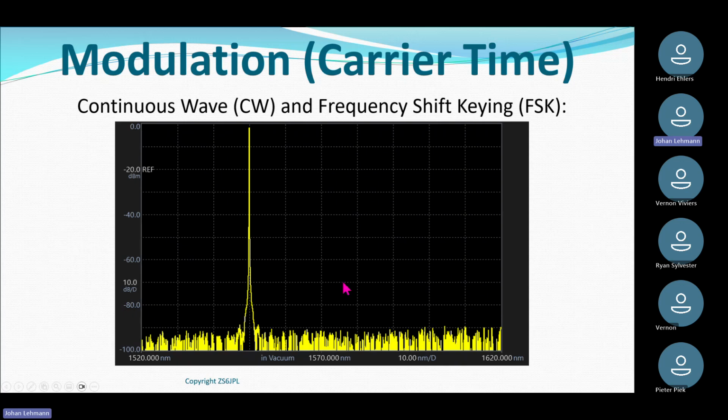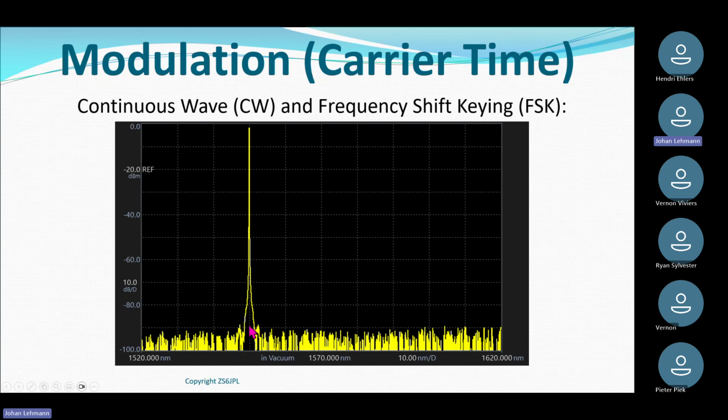If I look at it, the first page was in time. Now, if I look at it in frequency, you can see that I have a clear single line on my spectrum at the carrier frequency. So if I was doing CW, it means that this carrier would disappear. I'll only have noise, and then the carrier appears and it disappears again as I switch the transmitter on and off.